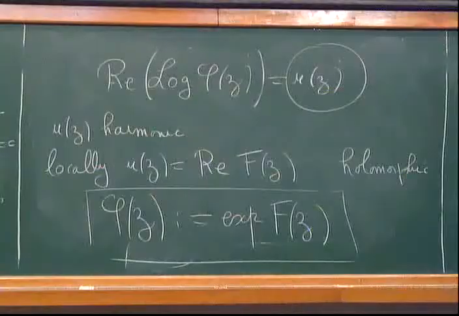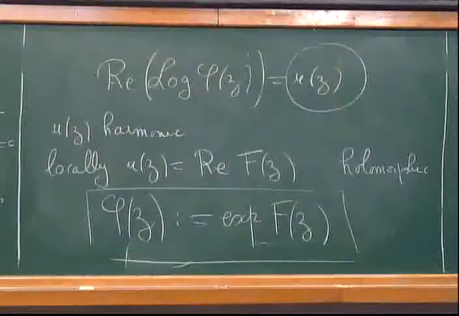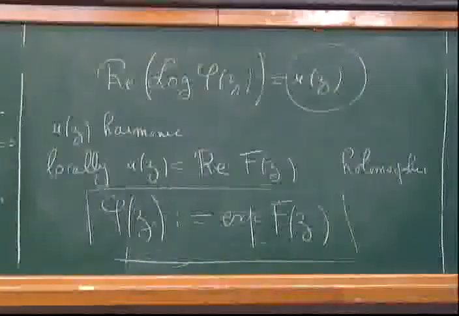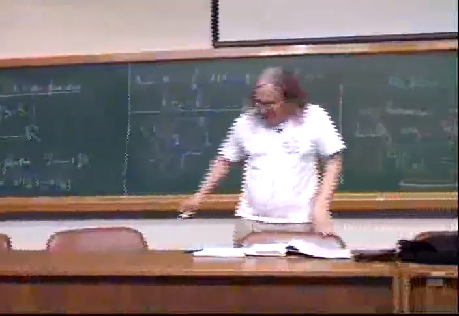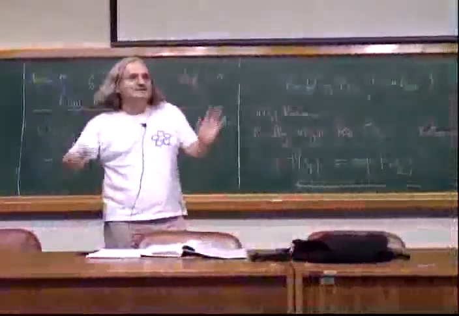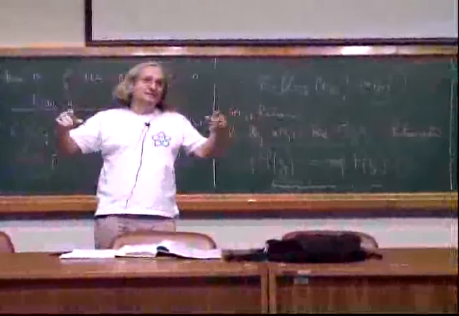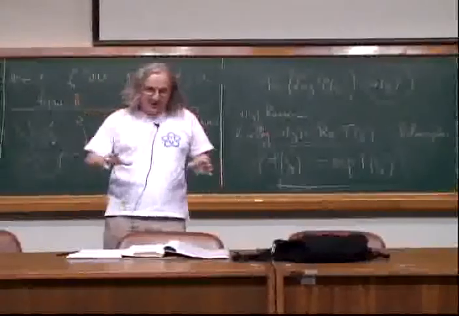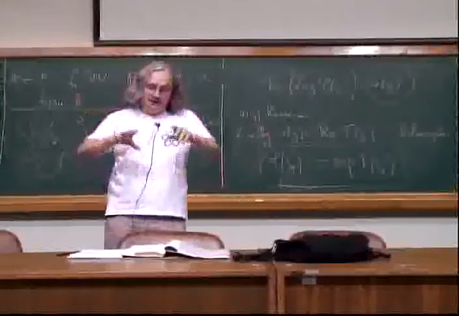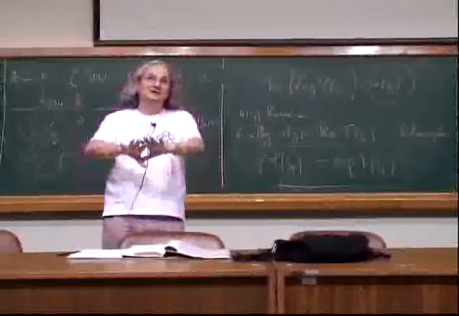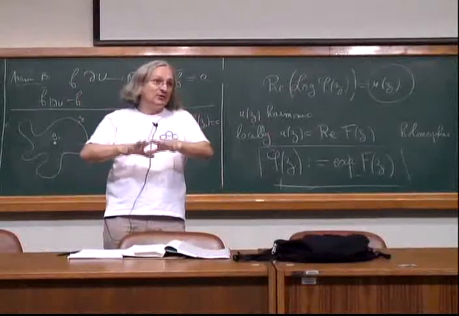Okay, so again, I think it may be time to stop now. Let me just give a summary of where we are. Riemann had this brilliant idea that given a simply connected domain, you can minimize the energy, and this minimum will give you an extension by harmonic function.